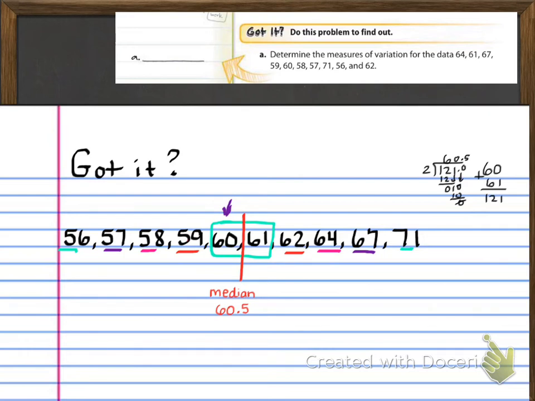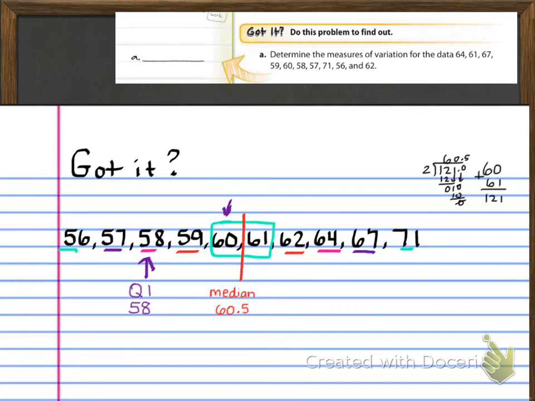So now 56 and 60 are partners, 57 and 59 are partners, and now 58 is going to be our first quartile.